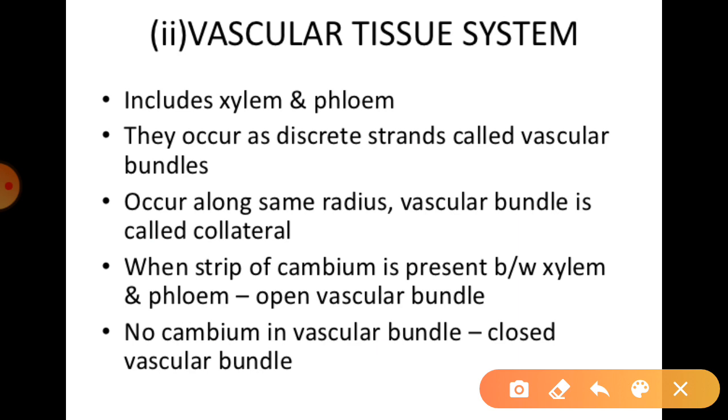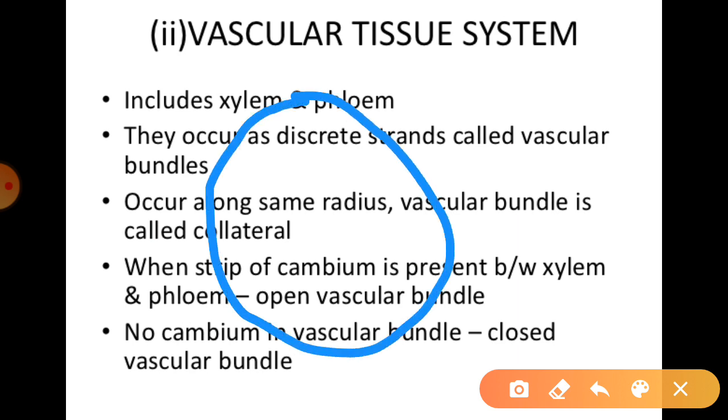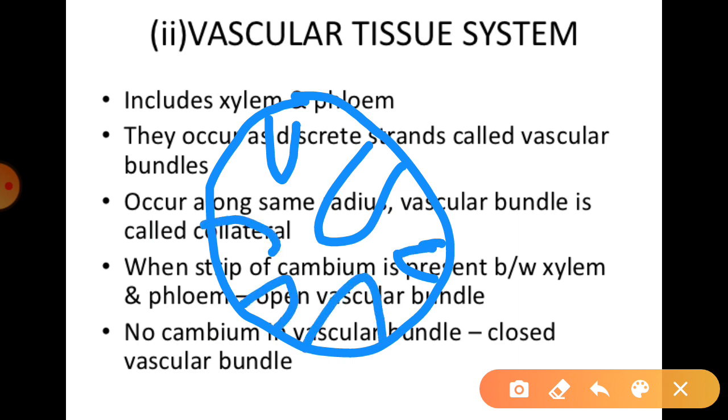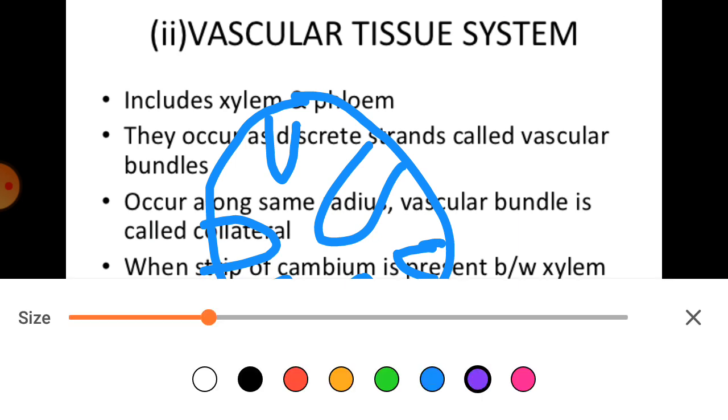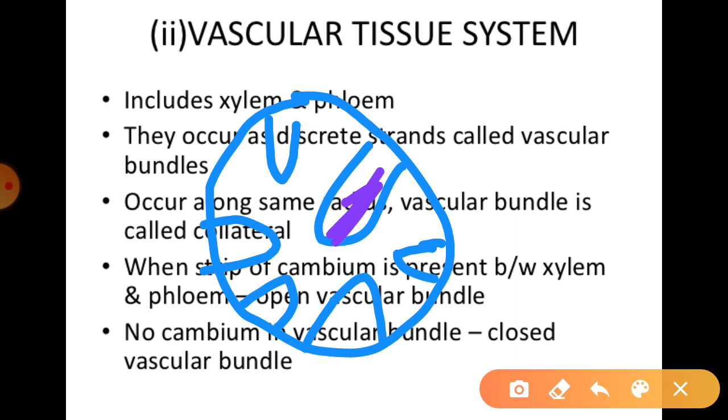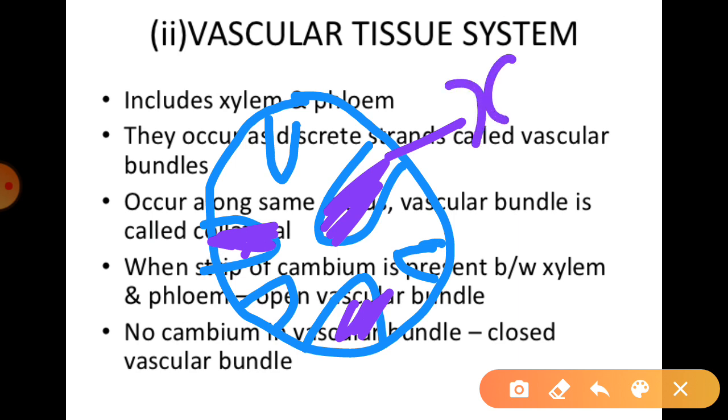Suppose we want to explain the radial type of vascular bundles, you can see such structures like this one. These are the xylem, and these are the phloem.